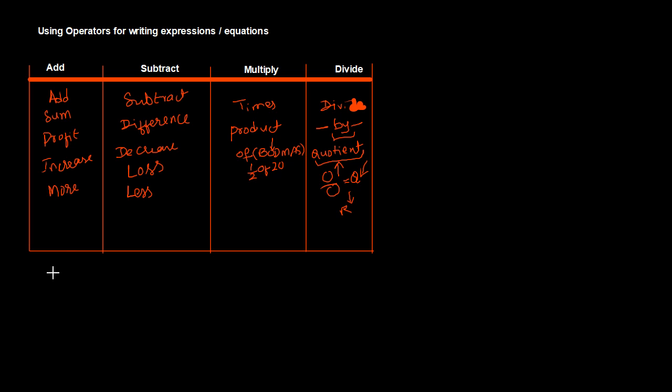If someone says sum of A and B, which is written as A plus B. Remember, I'm using A and B as variables. You can use X and Y as variables.